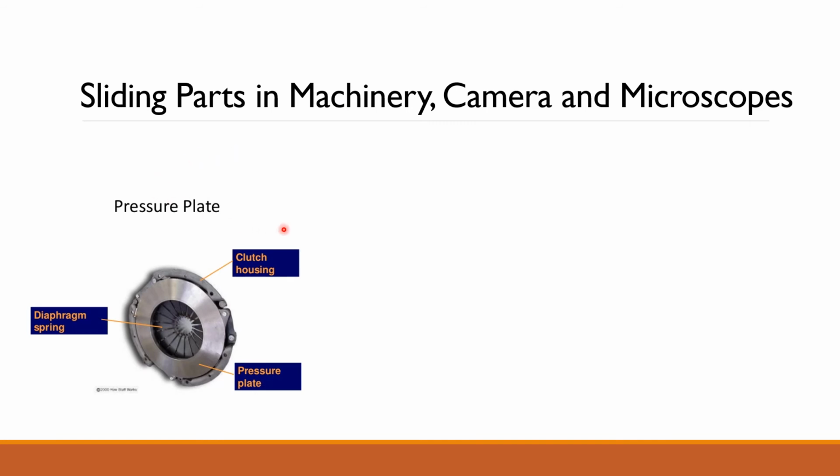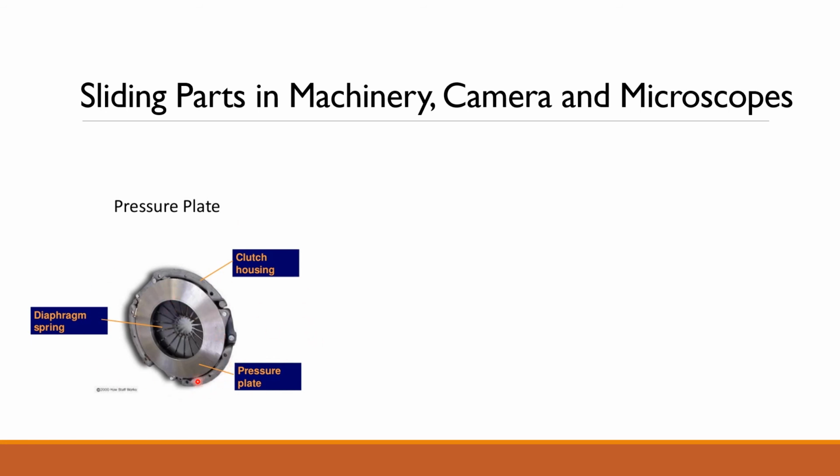So this is the pressure plate. As the name implies, this is used to apply pressure to the clutch disc for transfer of torque to the transmission. This pressure plate, when it is attached with the clutch disc and the flywheel, helps in the flow of power from the engine to the transmission.